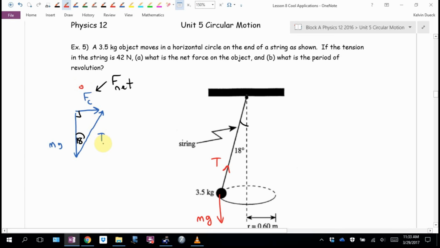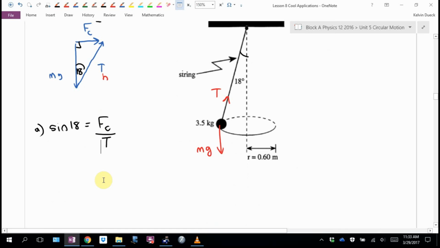Opposite, tension, adjacent, or hypotenuse. You know what? For part A, I think I can go sine of 18 equals FC, which is F net, over tension. I think the net force, centripetal force, FC, is going to be tension times the sine of 18.